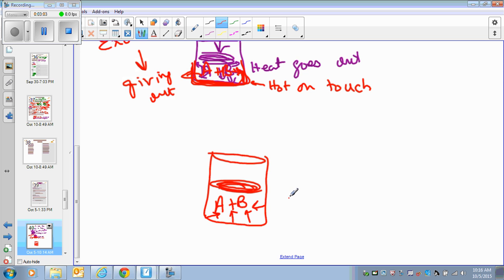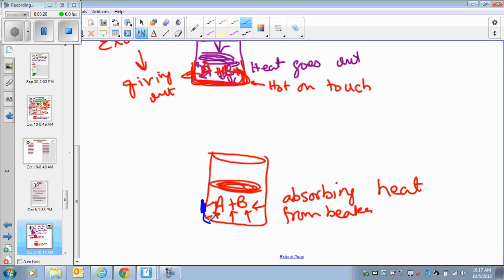Okay, so if it is absorbing heat, of course it's going to absorb it from the beaker. So when I touch the beaker, it feels cold. Okay, it feels cold because the heat was absorbed by A and B. So they are taking in heat.